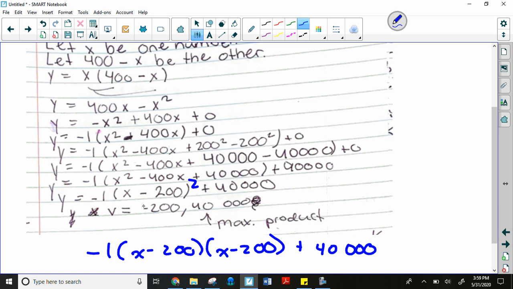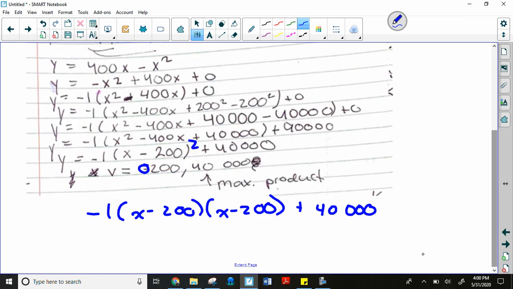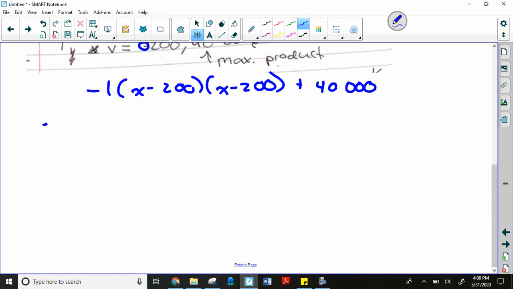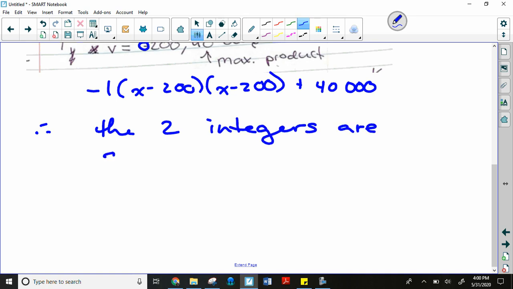The vertex, I would disagree with this, because you can have a negative integer, but we always come out of the brackets the opposite. So if it's -200 in here, it's 200, and you have to answer the question. So therefore, the 2 integers are 200, and 200.